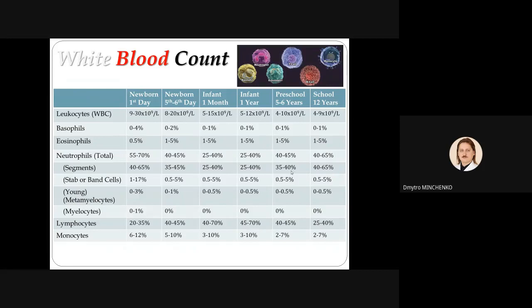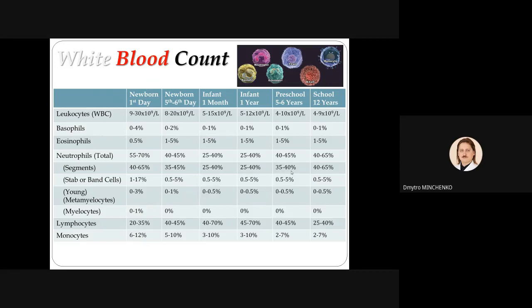And here we see the leukocytes, the WBC, the white blood cells, as being 9 to 30 on day one. Pretty high number, but this is mostly due to non-specific stress response. Birth is stress, and the child manifests these high numbers mostly due to the neutrophils coming out of depot.